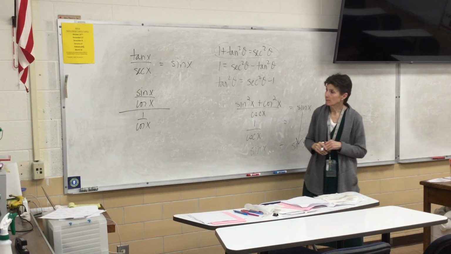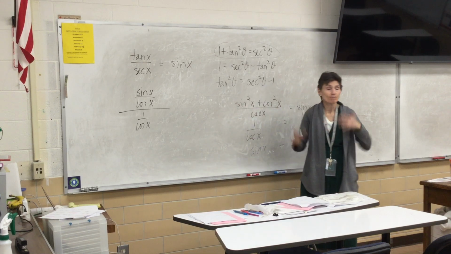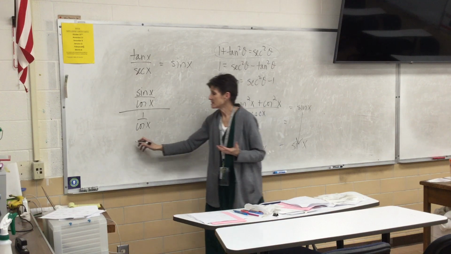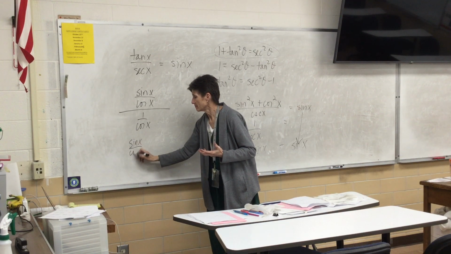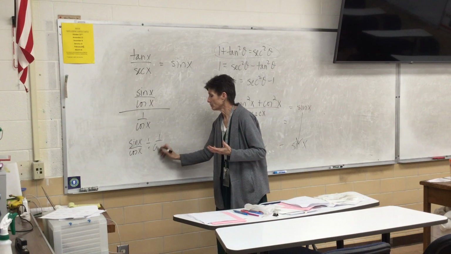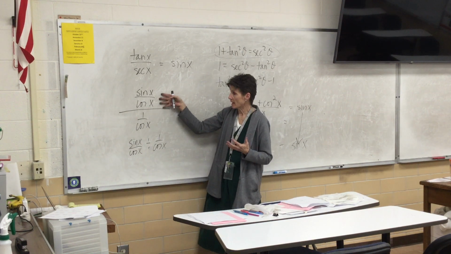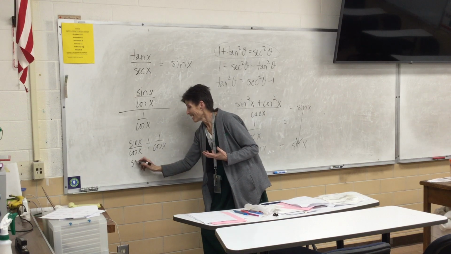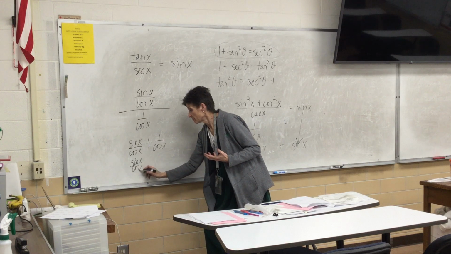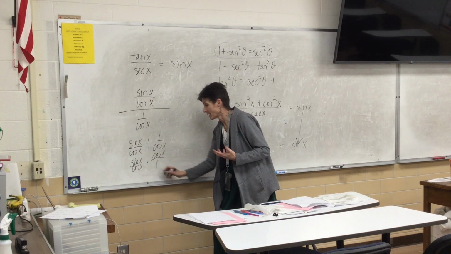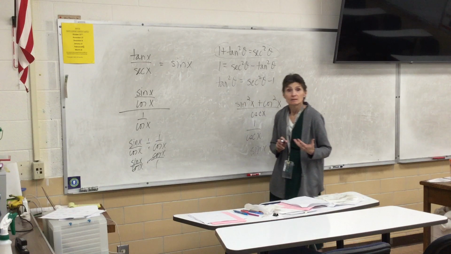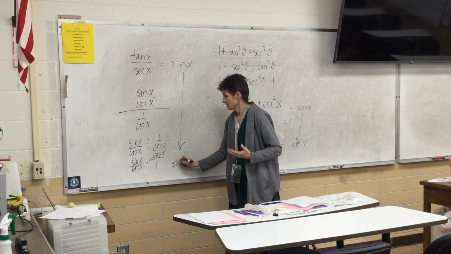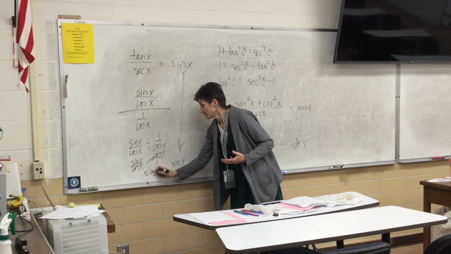Now some of you are capable of simplifying that, just boom. And some of you are going to need to think about this as sine over cosine divided by 1 over cosine. That's what this means. It means sine over cosine divided by 1 over cosine, which is sine over cosine times cosine over 1. Oh my gosh, what happens? The cosines cancel, and it ends up just equaling the sine.